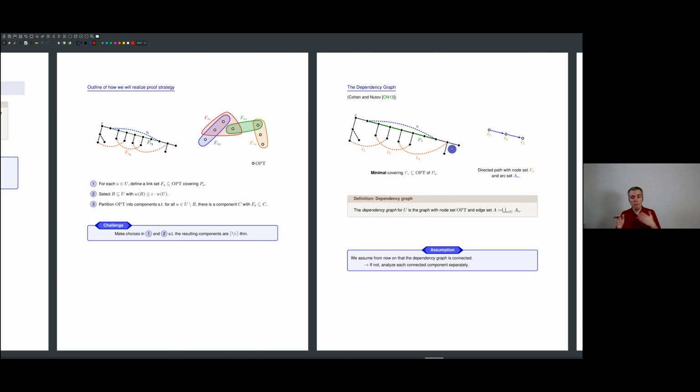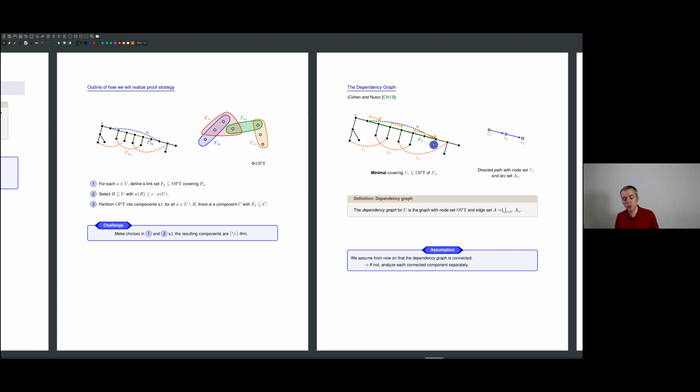Essentially, if there's a minimal set covering it, then each of those links covers a part that's not covered by any other link. For example, the link L3 here covers this part of PU that is not covered by the second link or the first one. The second one covers this part that's not covered by the other two links, and the first one covers that part.